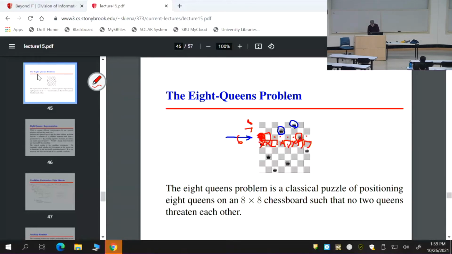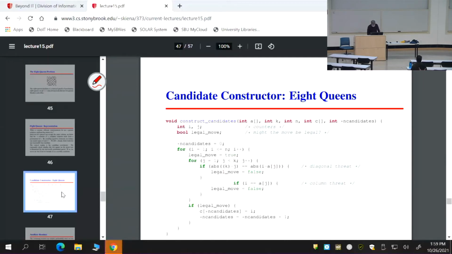How do I implement this? Here is my code. The key thing is the construct candidates routine. Given that I have an input solution A, which is just going to list the queen in each column, and I filled k spots of them out of ultimately n, what are my candidates going to be? My candidate should be a number between 1 through n, because those are my columns.